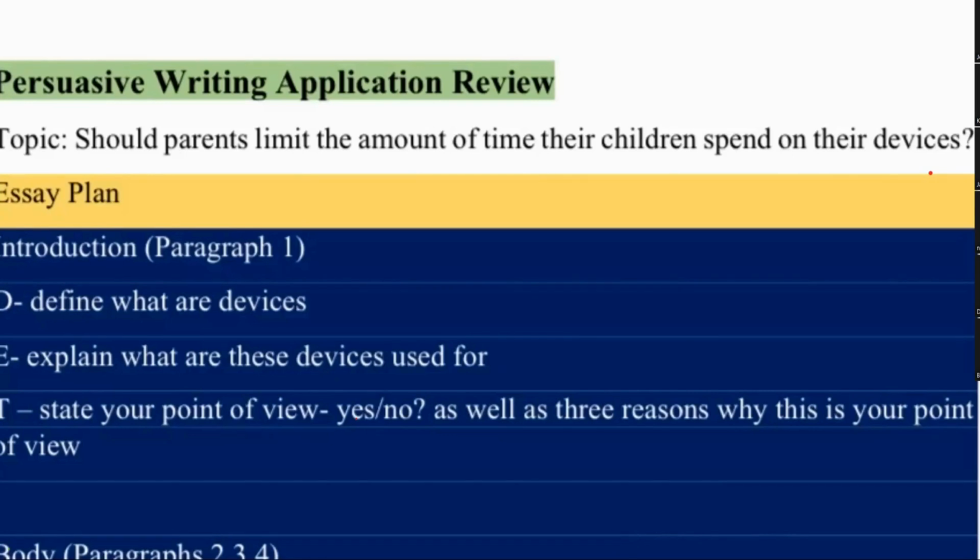What would be a reason why we should have parents limit? 1. Because they can damage your eyes. For you not to become blind. Also help you remember what you study.